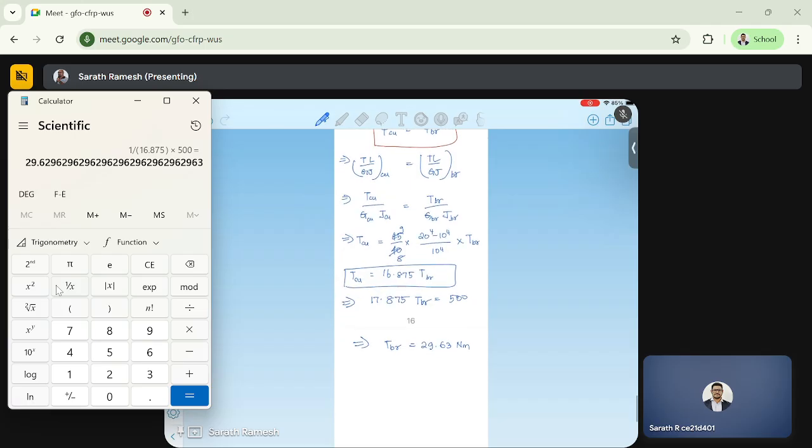And T copper will be this times, or this minus 500. Let's this times 16.87.